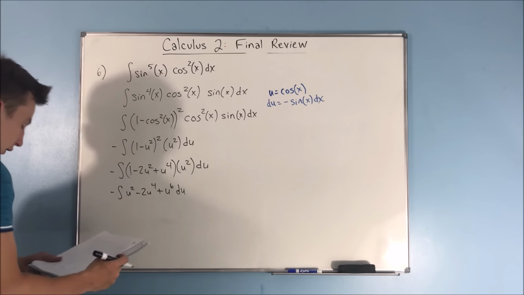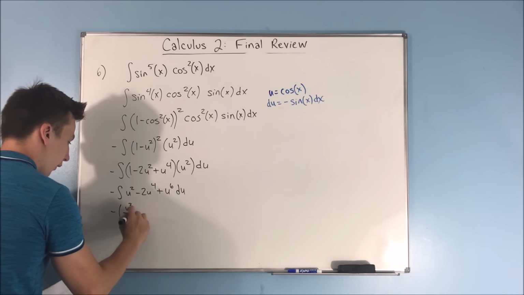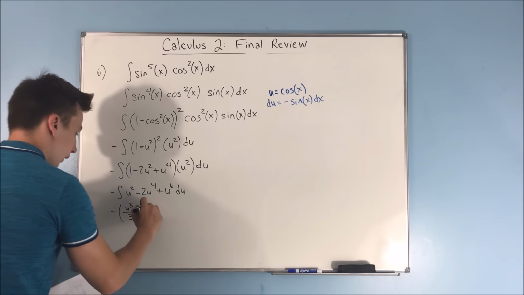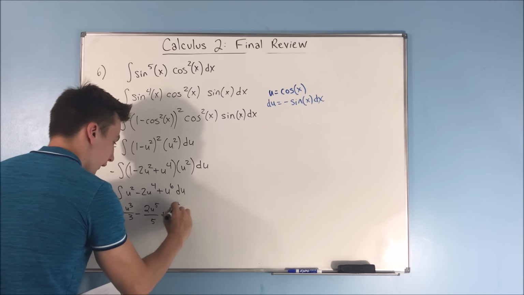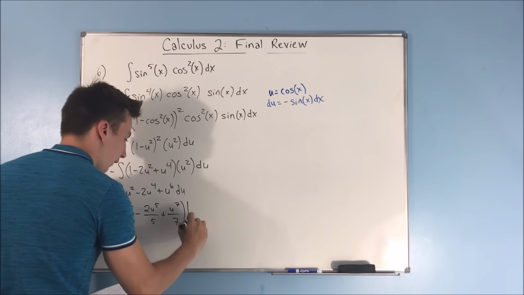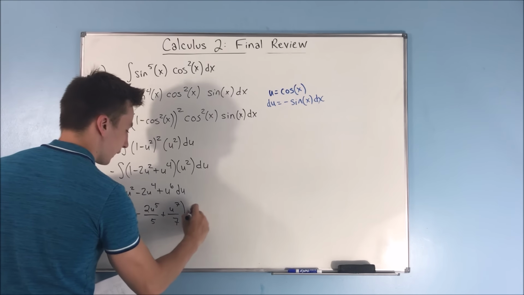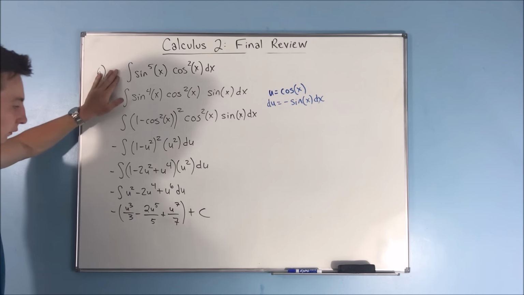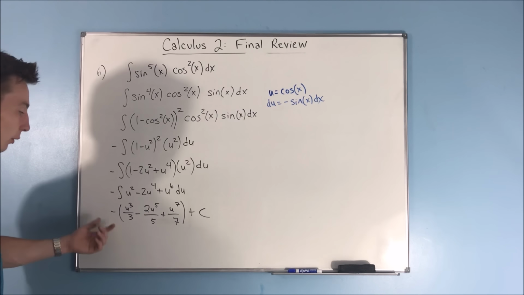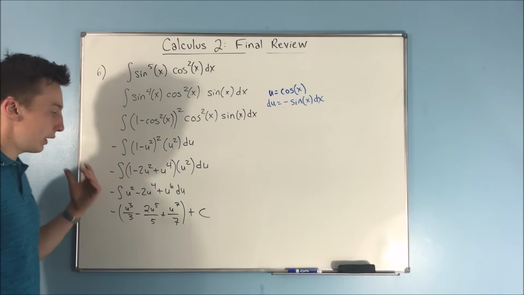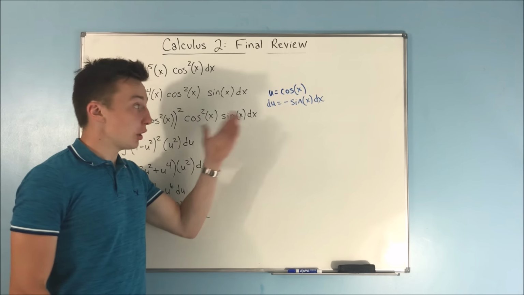And we can integrate to get a negative u cubed over 3 minus 2u to the fifth over 5 plus u to the seventh over 7, and that will be evaluated. Well, actually, we're not evaluating this one because this is an indefinite integral. So now we can distribute through there. We can multiply this negative through, and we can get our u's back to being in terms of x, which is going to be u equals cosine x.